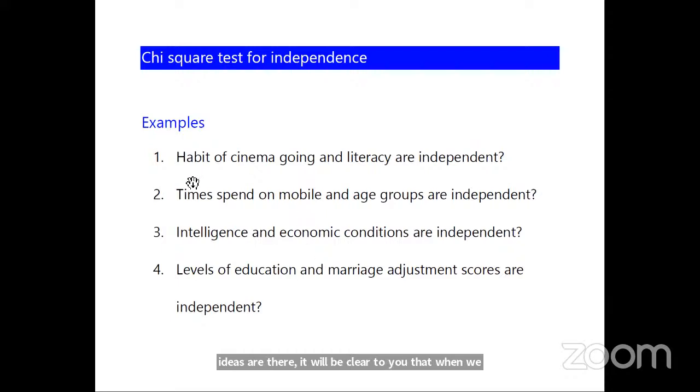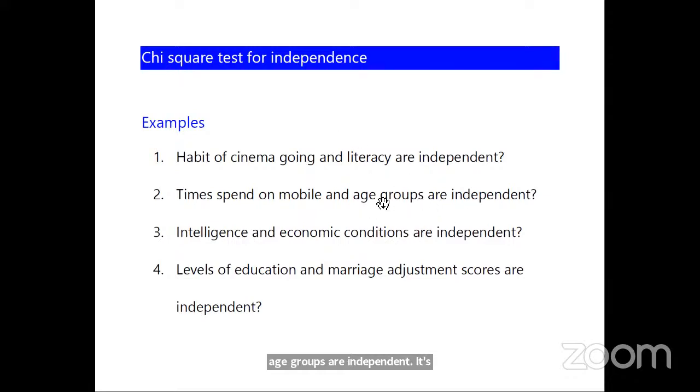So the first example is habit of cinema going and literacy are independent, right? Then time spent on mobile and age groups are independent, isn't it?